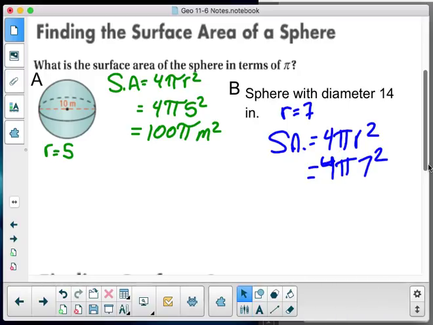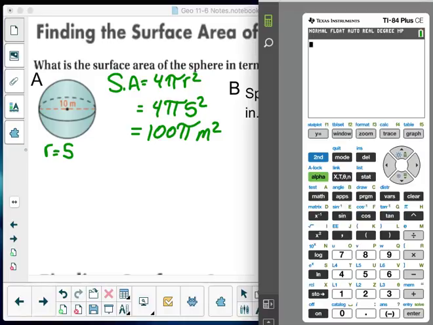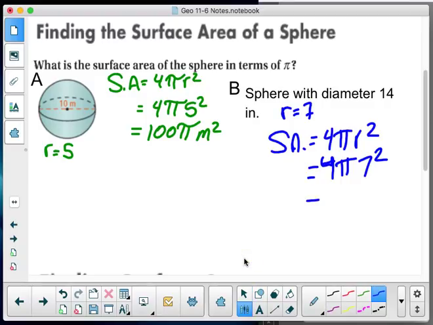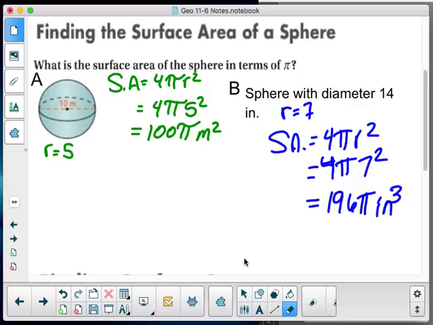I'm going to do 49 times 4. If I need a calculator, I'll go 49 times 4. That's 196 pi. So this is 196 pi inches cubed. Excuse me, squared, not cubed. I was thinking about my next thing: inches squared. And this is all surface area of a sphere.